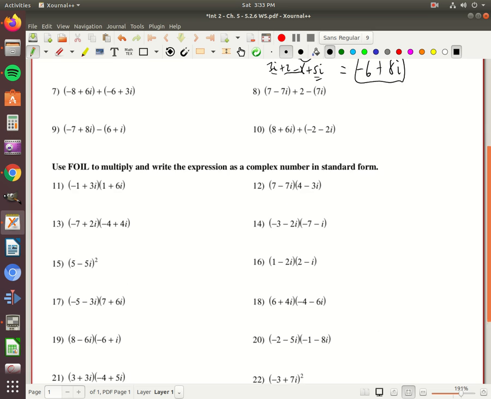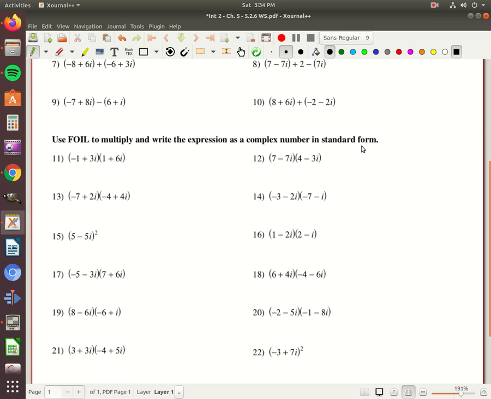Now, if we continue along, we've already dealt with these, right? So now we're just going to do area models, but now we're going to have negatives. So 7 minus 7i and 4 minus 3i. Be real careful. 7 times 4 is 28. Here I'm going to get negative 28i. Here I'm going to get negative 21i. This is going to be tricky. A negative times a negative is positive. 7 times 3 is 21. i times i is negative 1.